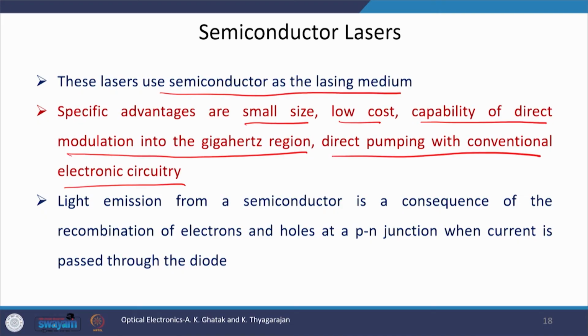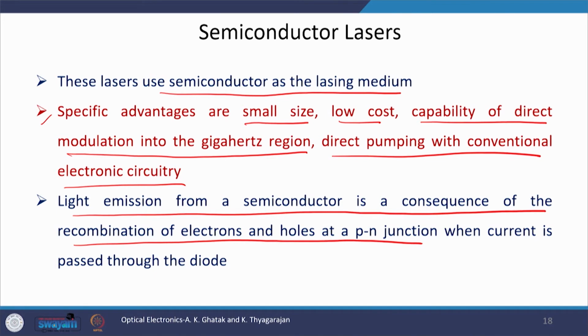Electric pumping will do, and it will give us population inversion. Therefore, they are very easy to operate and low cost. The light emission from a semiconductor is a consequence of the recombination of electrons and holes at a p-n junction when current is passed through the diode.